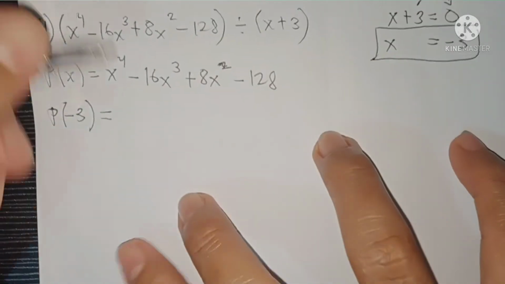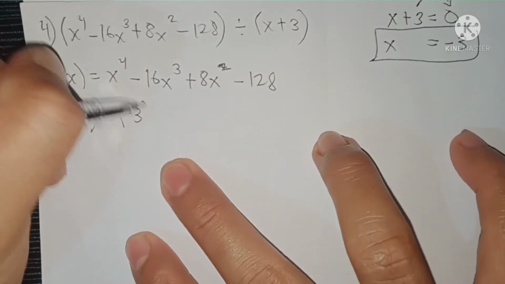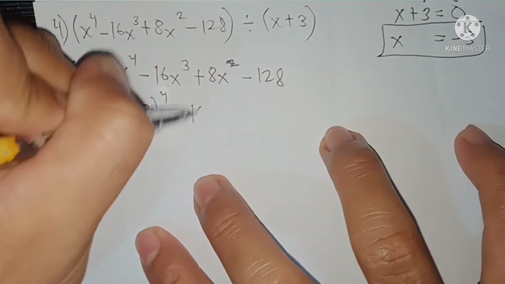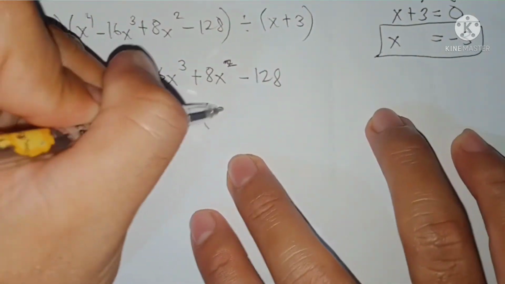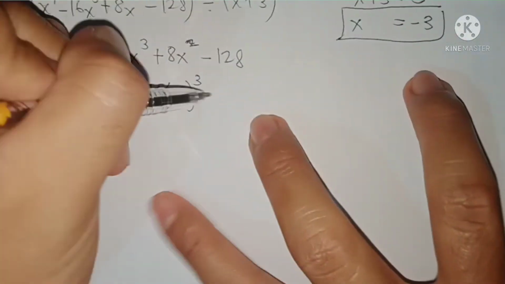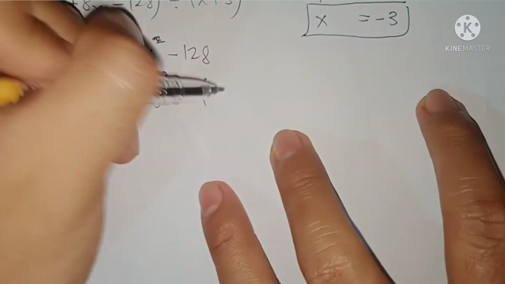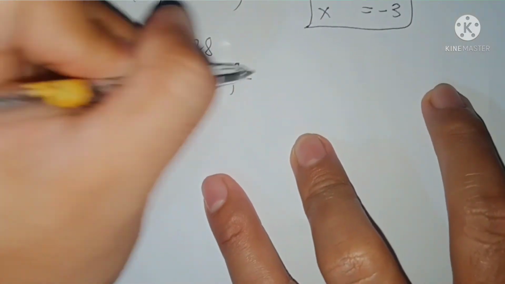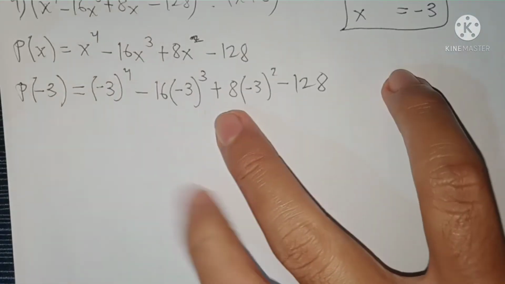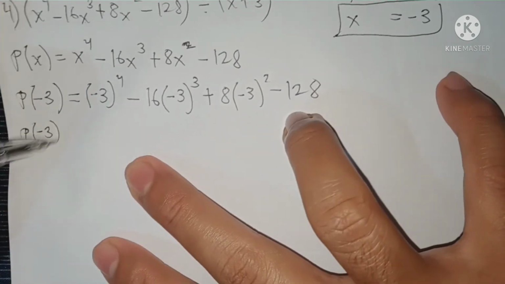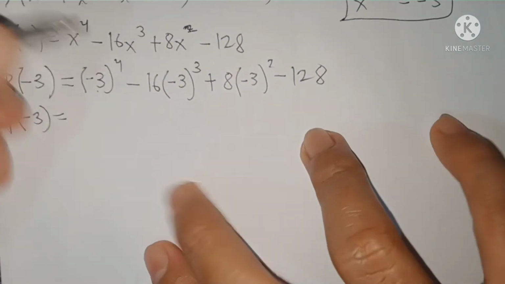Lahat ng x, papalitan ng negative 3. You have negative 3 raised to the 4th power minus 16 times negative 3 cubed plus 8 times negative 3 squared minus 128. So, P of negative 3 equals negative 3 raised to the 4th power.